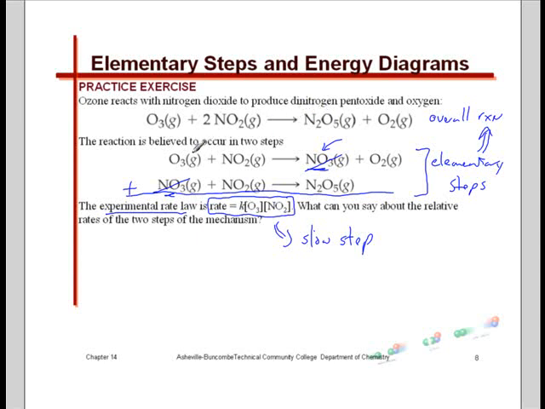And we do. We have one ozone molecule and two NO2 molecules as the only two reactants left over from the two elementary steps after we've canceled out the intermediate. Remember, an intermediate is anything that is produced in one step and then consumed in another, and does not show up in the overall reaction.